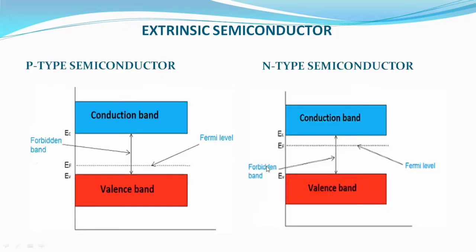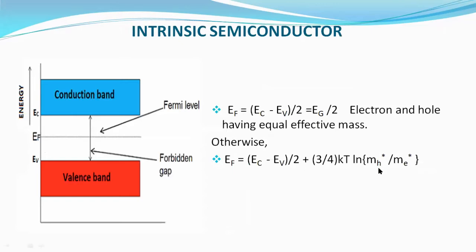So, so far we have discussed the Fermi level, and the Fermi-Dirac distribution function, a very famous function named after Enrico Fermi and Dirac. We discussed that the Fermi level should lie exactly in the middle position of valence band and conduction band if it is an intrinsic semiconductor and electron and hole have equal effective mass.